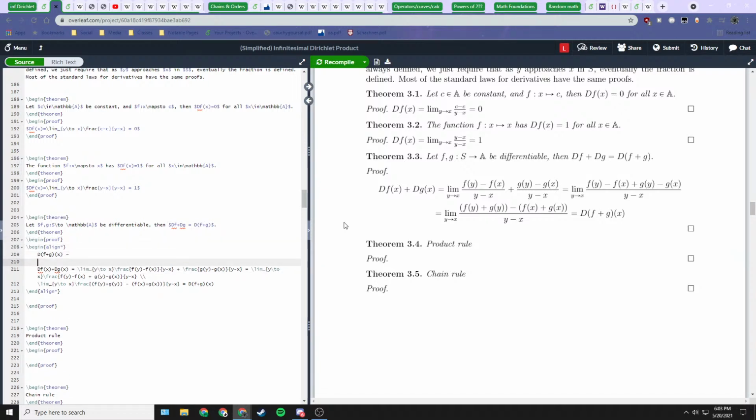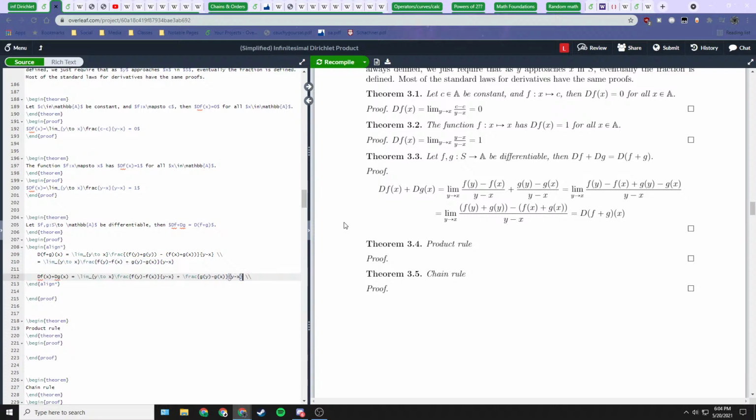So I'll start with d(f plus g), and then we'll expand this out to its definition. That gives us this next term. Let's see, where were we? That was this one, and then we have this one, and that's this.